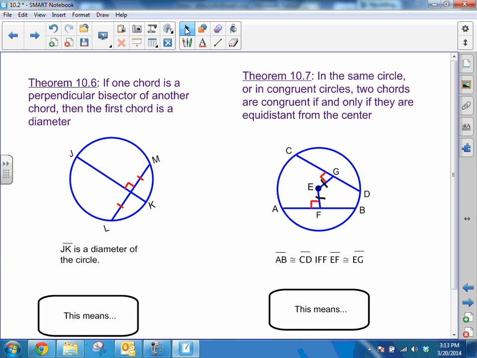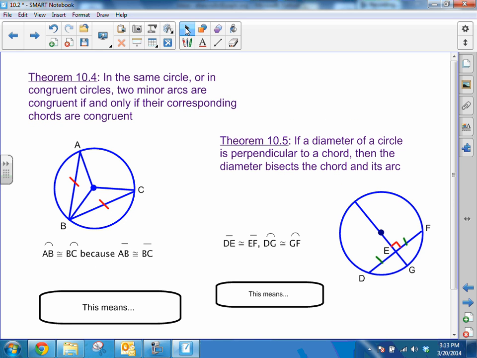All right, so let's get some numbers in there, put this to work. Now, remember, any theorem I give you, do I care what the name is? Do I care that you know what the name is? No, I care what it means. Okay, so we have 10-4 talking about if you have two congruent chords, their corresponding arcs are congruent, or vice versa, right?